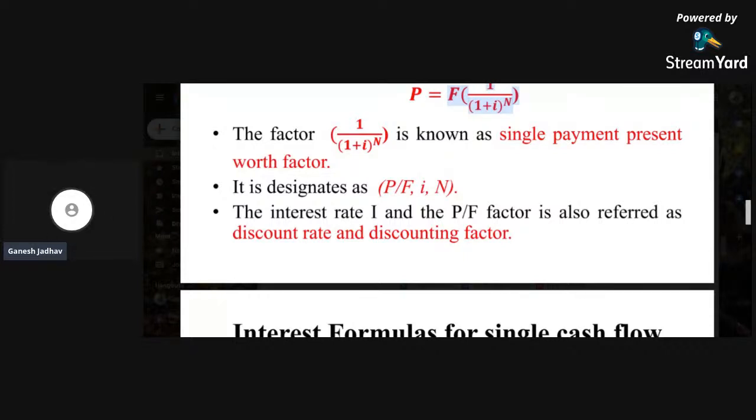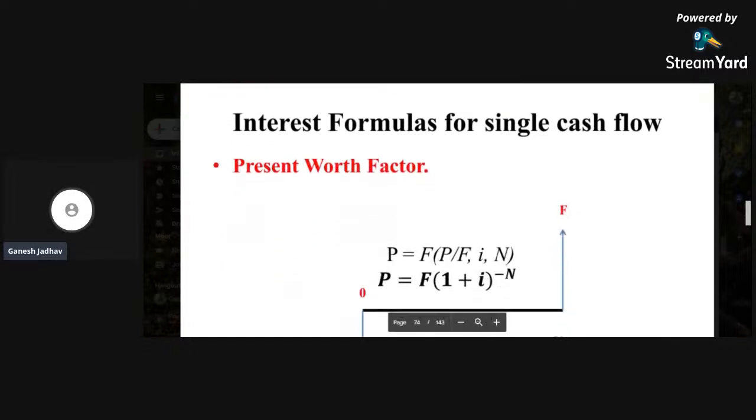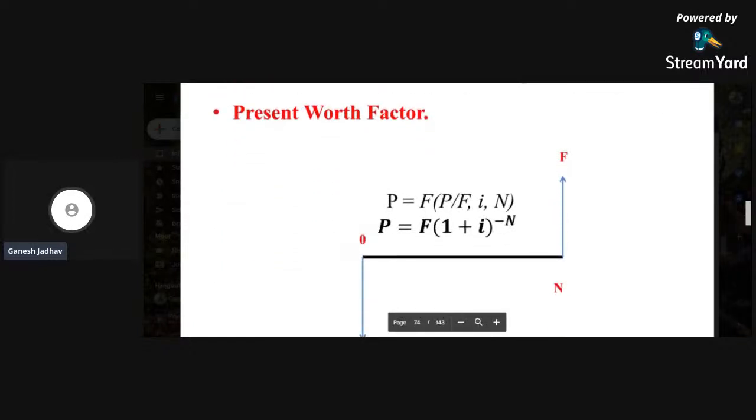The future value is of course greater than your primary value. So here P is equal to the future value times the factor, the present worth factor, with the interest and n.